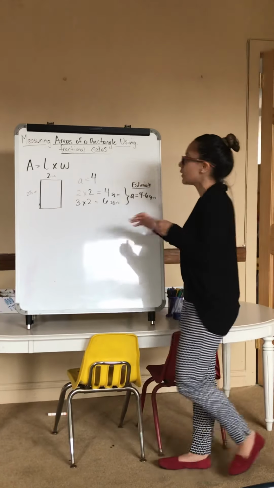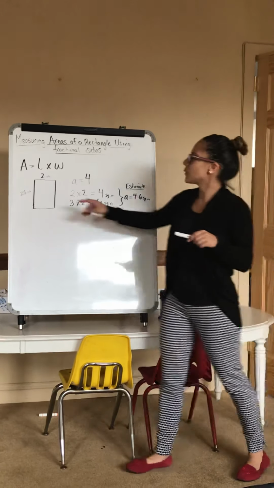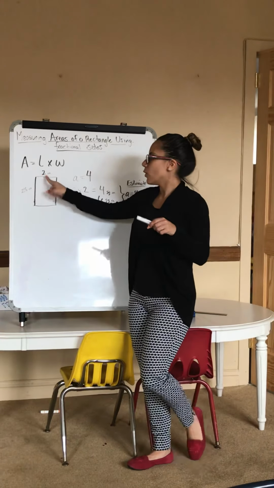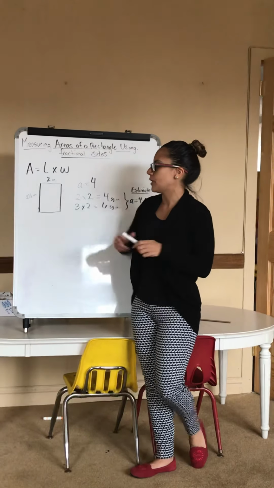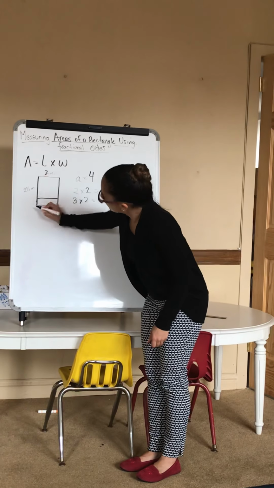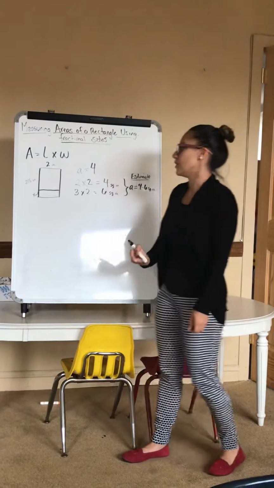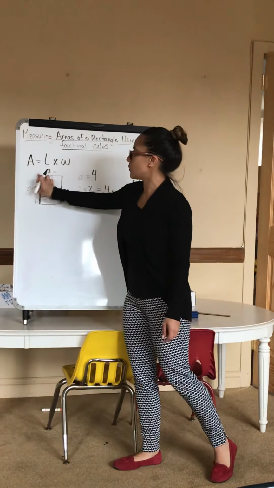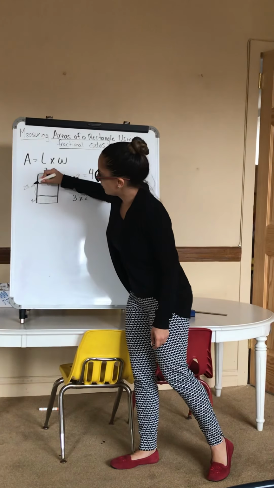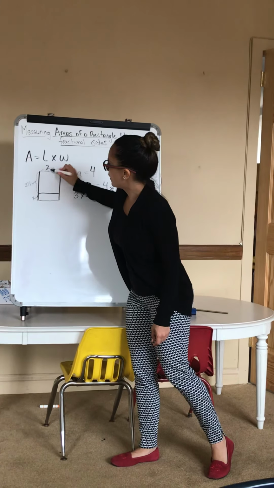Okay, so the first thing that we're going to do is we're going to look at our whole numbers. We have a 2 here and a 2 here. So we're going to just draw a little picture here to represent that ½ inch. So this is going to represent a ½ inch. And now what we're going to do is this leaves us with 2 here and 2 here.